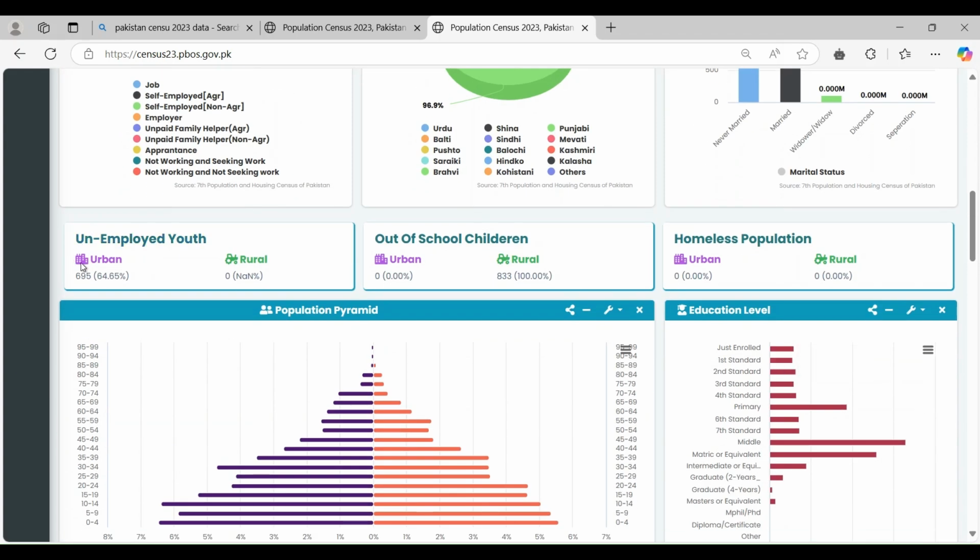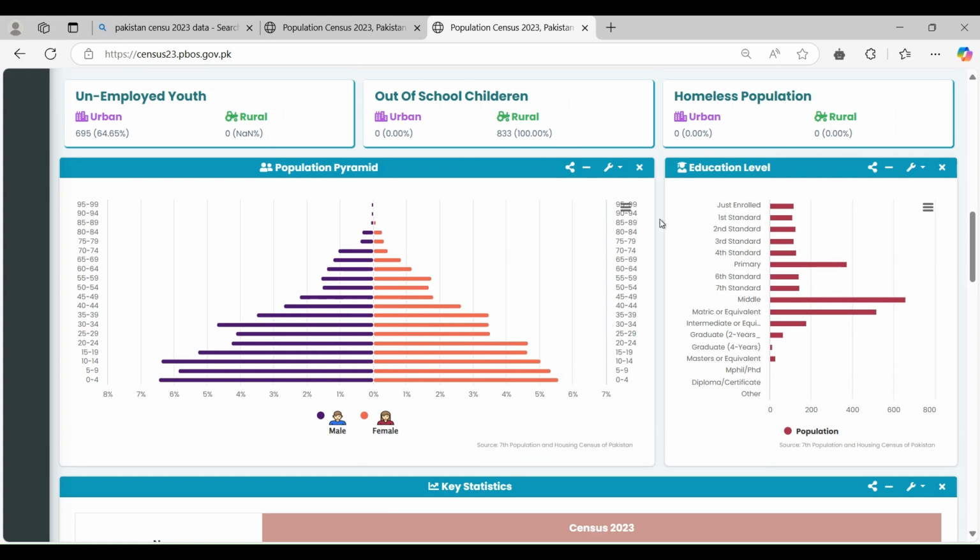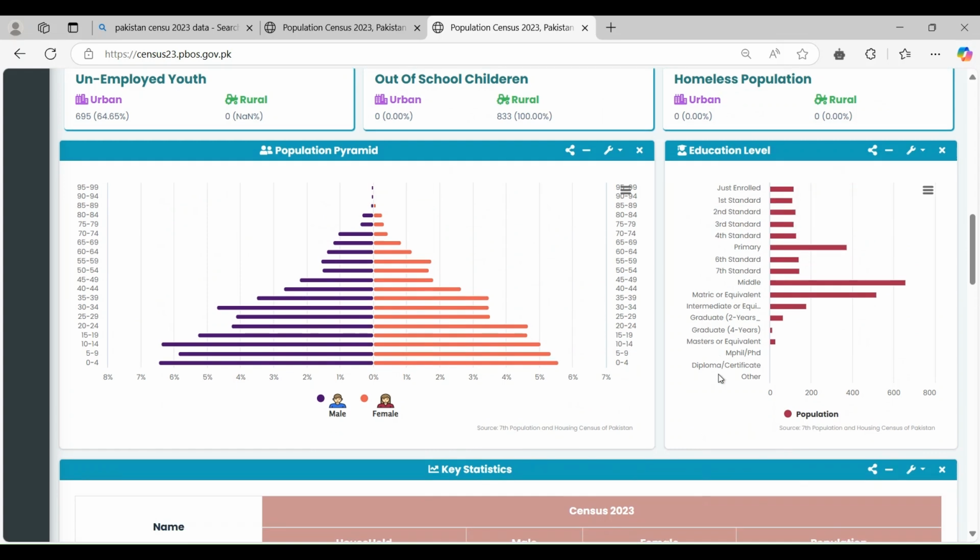And then you have some other displays; particularly the population pyramid is interesting to see. Our young population is a very high proportion as compared to the older population, which is 65 and above. And then educational levels, you can see what the educational levels are here. I think it will be the population at center age group.